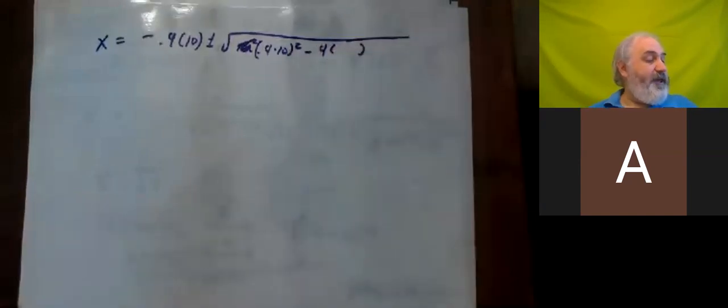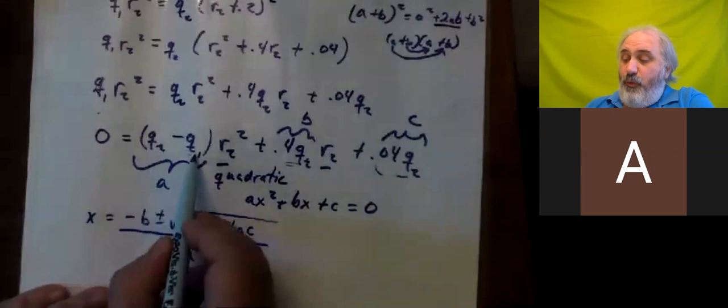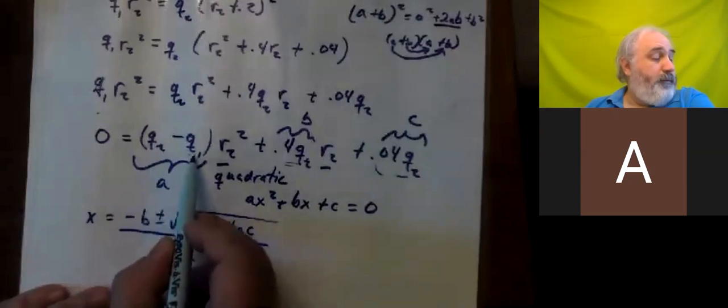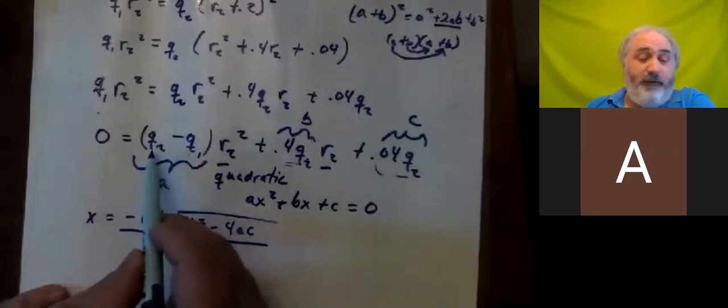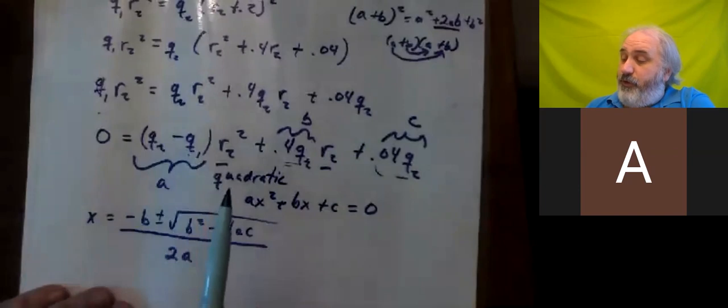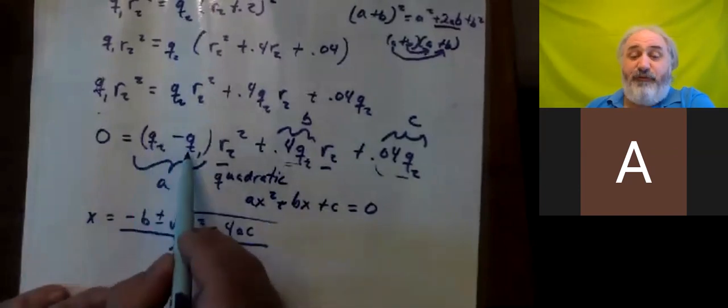But what is a? A is Q2 minus Q1. You remember Q2 is 10, Q1 is 50. So it's 10 minus 50, which is negative 40.